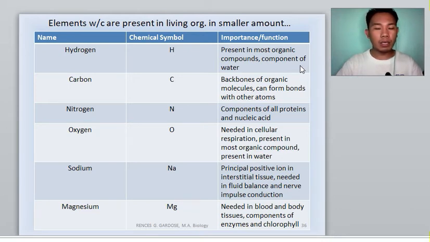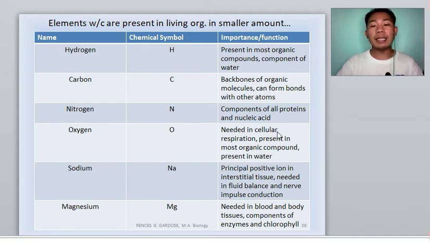We all know that water is very important for living organisms. Also carbon, in organic chemistry, is the backbone of organic molecules that can form bonds with other atoms. Another, we have nitrogen, which is a component of all proteins and nucleic acids.